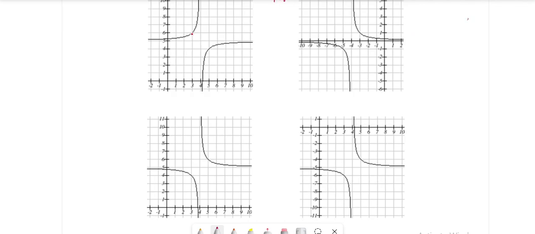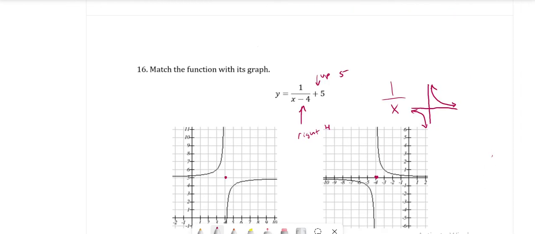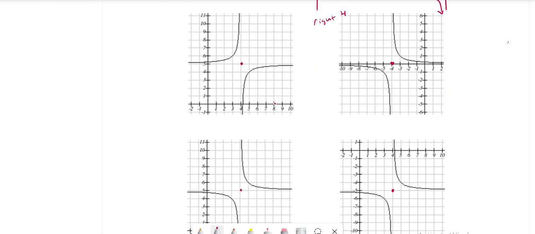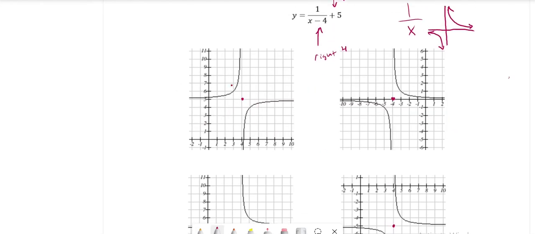It's helpful to just look at the position of where the two asymptotes cross in these graphs to try to see where things have been shifted to. The point we are looking for is one which has been shifted to the right 4 and up 5. Well, this one has been shifted to the right 4 and up 5, but does it have the right orientation? Notice how its graph is in upper left and lower right-hand corners of that cross, while this one is not.